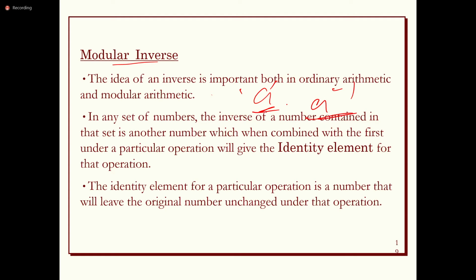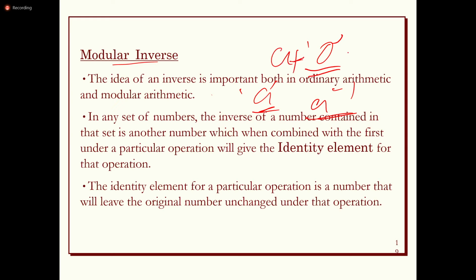If A is an integer, the modular inverse of A, generally, will be there for addition as well as multiplication, because identity elements will be there for addition and multiplication. So the identity element for addition is 0.